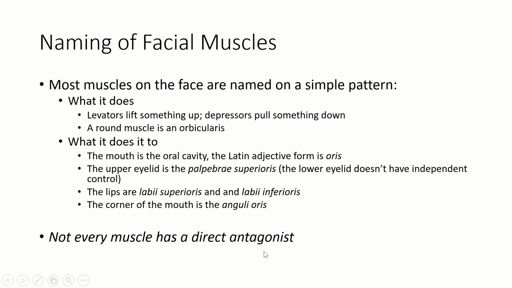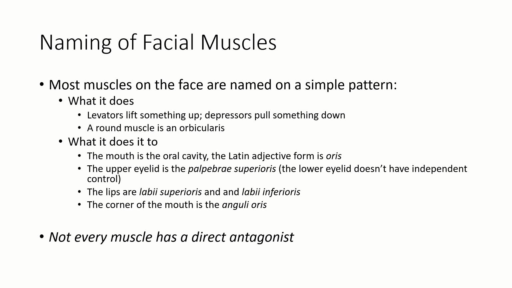Not every muscle has a direct antagonist. Okay, so not every levator has a corresponding depressor. So that's the confusing thing, but if you keep this naming convention in mind, then everything is going to make sense. Okay, the lips: the upper lip is the labii superioris, the bottom lip the labii inferioris. So the levator labii superioris pulls the upper lip up.